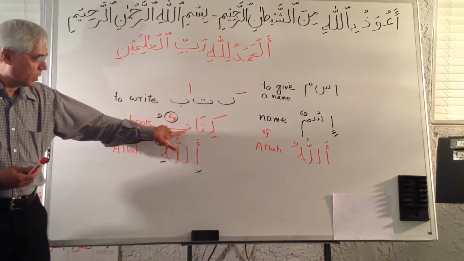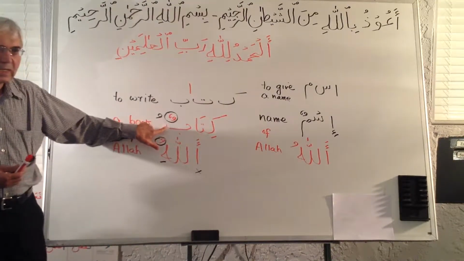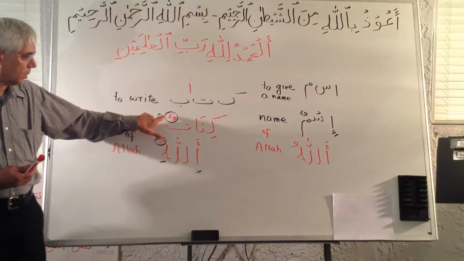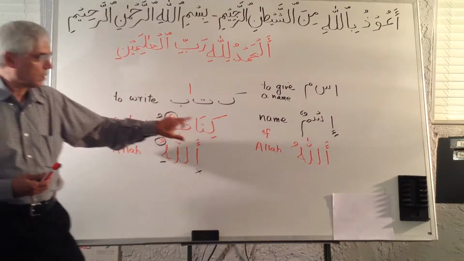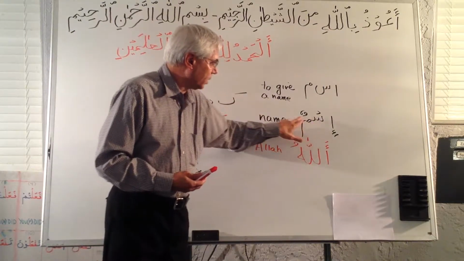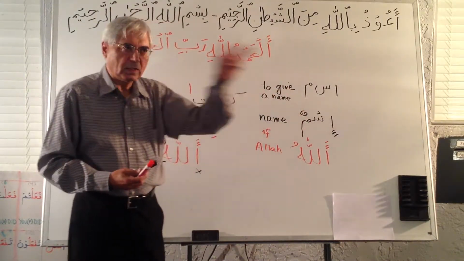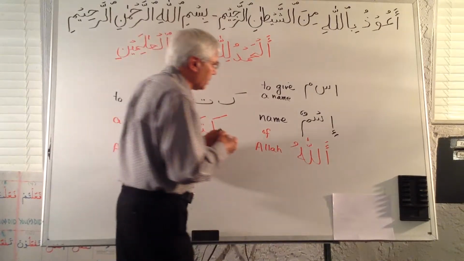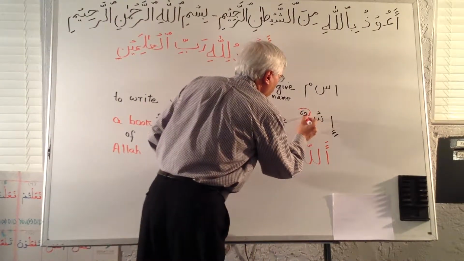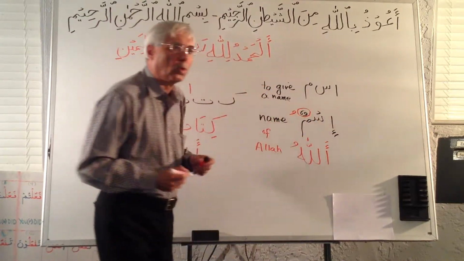Take the first word, look at the last letter. The Mim has two dhammas. Take out one dhamma, so this will become Ismu.